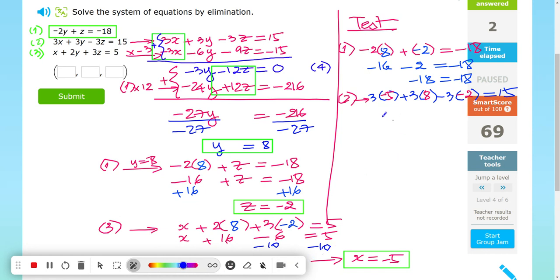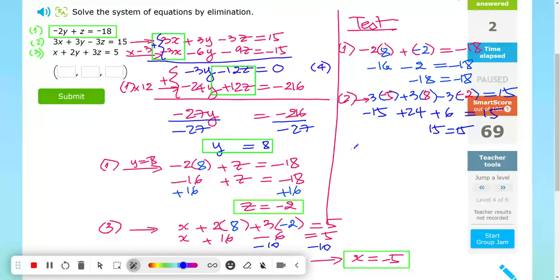So I come out with negative 15 plus 24 and then plus 6 equals 15. Oh, it does come out 15 equals 15 on both sides.